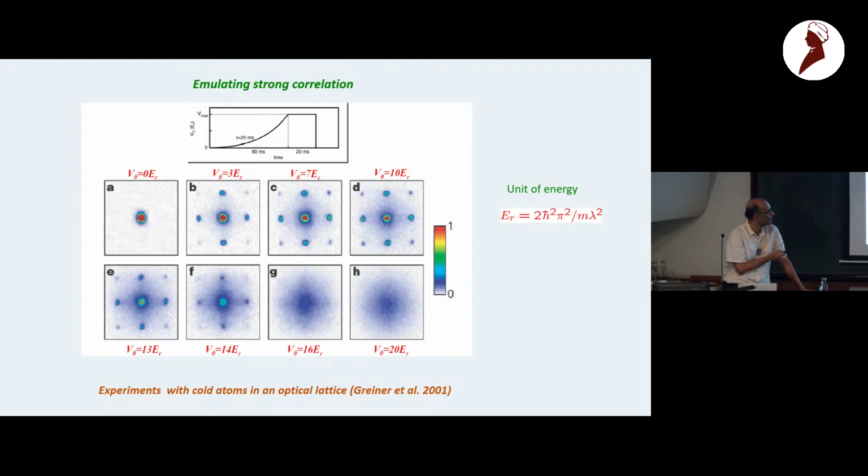Therefore, if you look into the distribution of these bosons on that screen, you are going to find a picture of the distribution of the momentum of the bosons inside the trap. This position distribution therefore reflects the momentum distribution of the bosons inside the trap, and this is how they measure the momentum distribution of a boson and determine whether it's in a superfluid or a Mott insulating state.